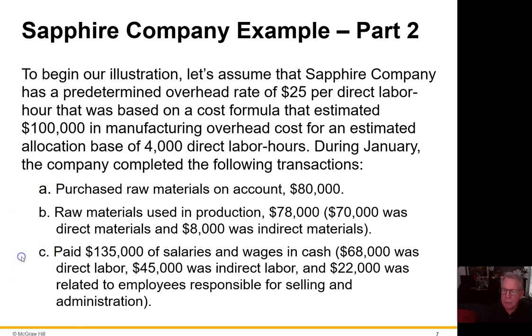And then for Charlie, we paid $135,000 of salaries and wages in cash. $68,000 of that was direct labor, $45,000 was indirect labor, and $22,000 was related to employees responsible for selling and administration, sometimes called SG&A, sales, general, and administrative.